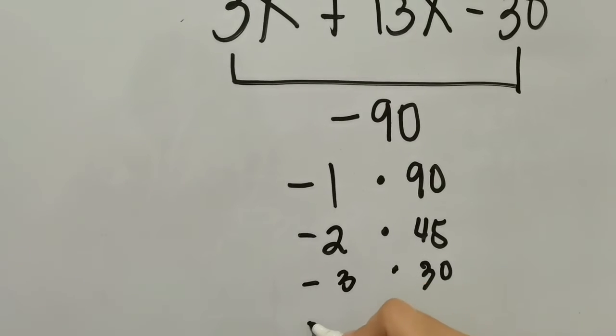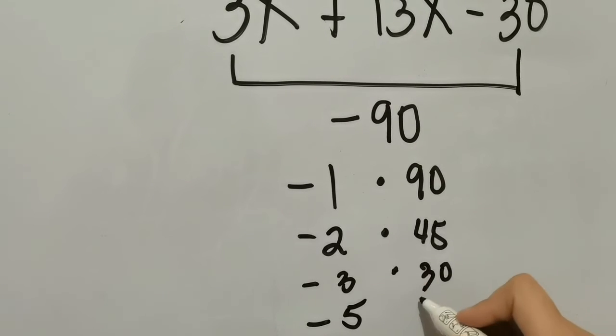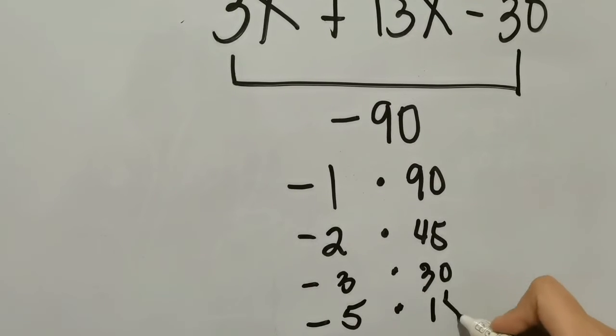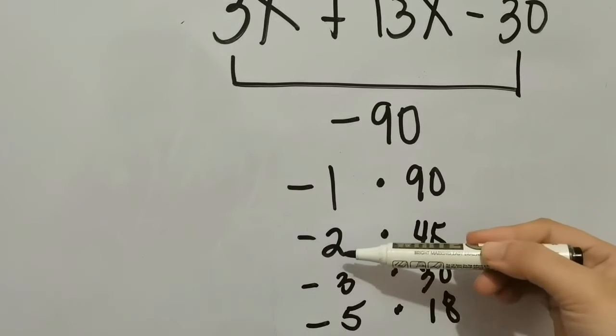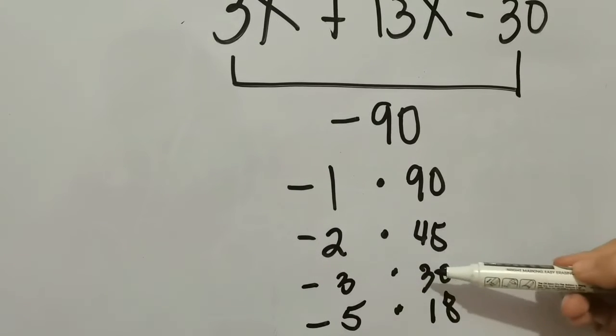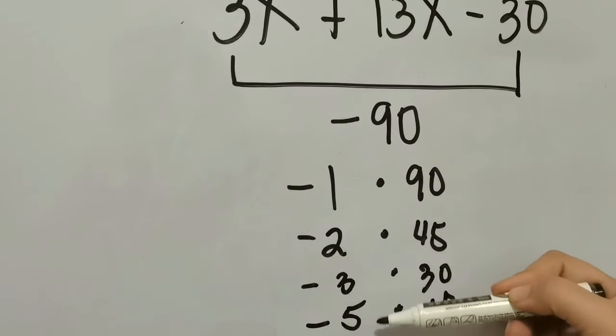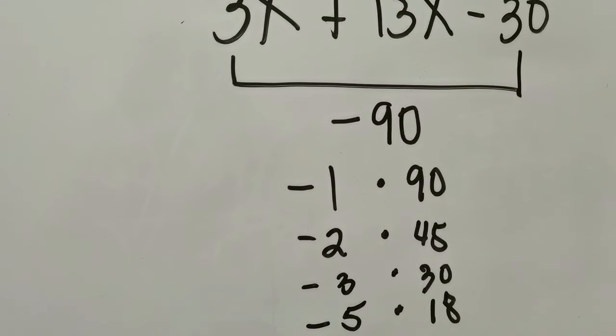Or, negative 5 and 18. Or, 1 and negative 90, 2 and negative 45, 3 and negative 30, and 5 and negative 18. So, any of those. Ito muna itry natin. Baka nandito na kasi yung factors.